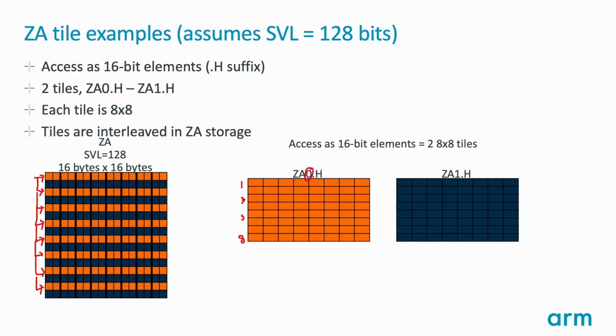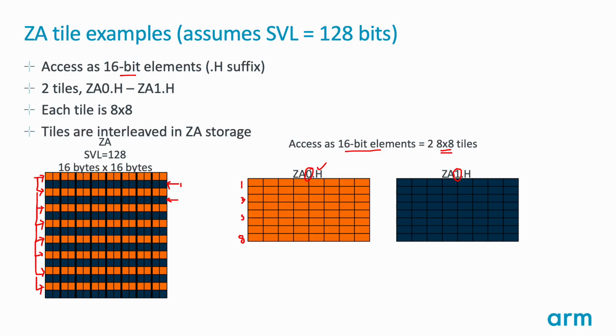And the tile formed from row 1, all the alternate rows from there onwards, shown in blue, forms tile 1. The H indicates the element size accessed. This is for a 16-bit element size, so half word, H indicates the half word. So we have 2 tiles. Each tile is 8 by 8. This is how the tiles are formed for a 16-bit element size.